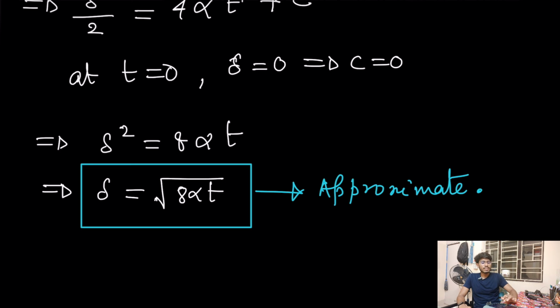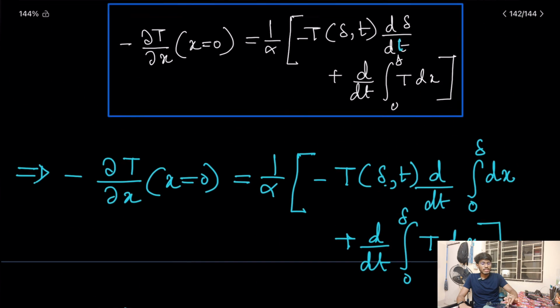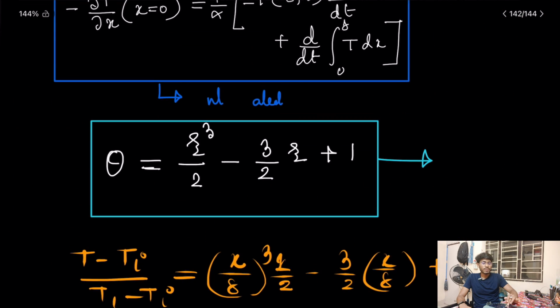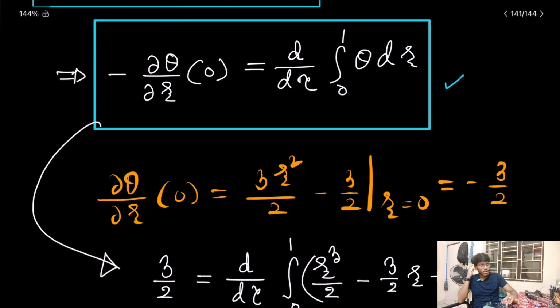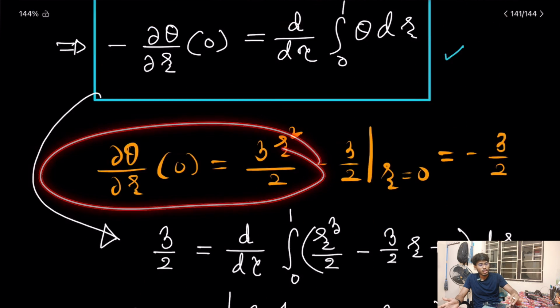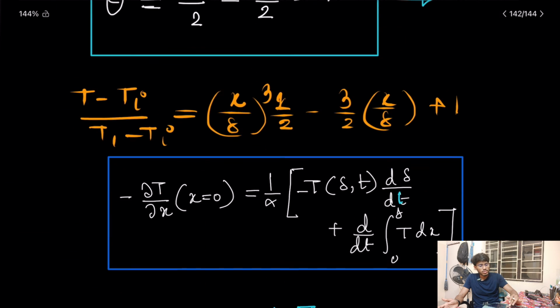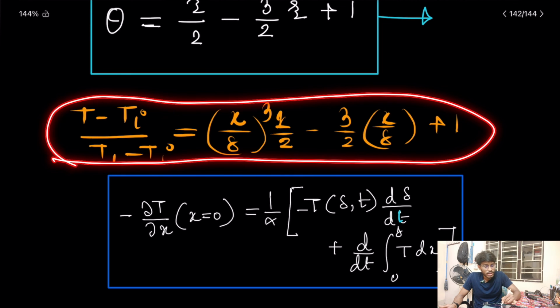So the moment you get this delta, then you can get your T, the temperature profile. Because you already have assumed your temperature profile like this. So this is your temperature profile. You know that my temperature profile is a function of x.